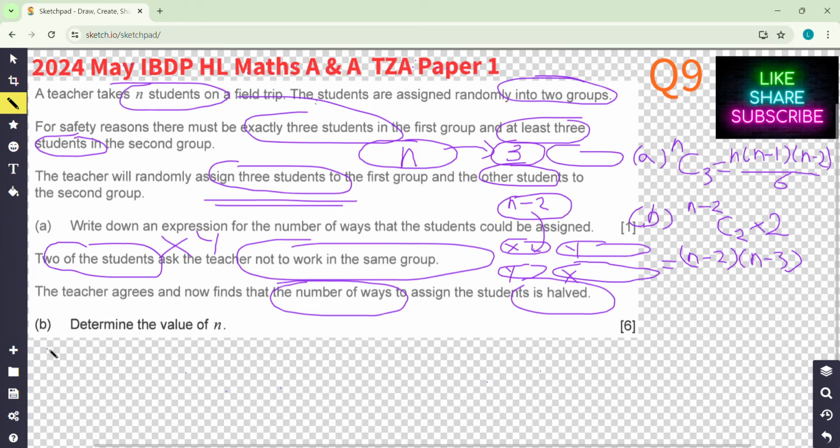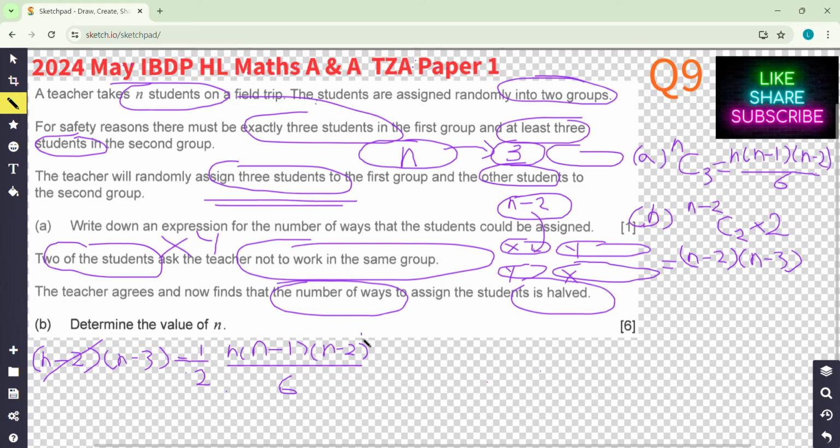So we have the equation, and this one is just half of the original one. Quite a complicated equation, but luckily n minus 2 can be cancelled out.